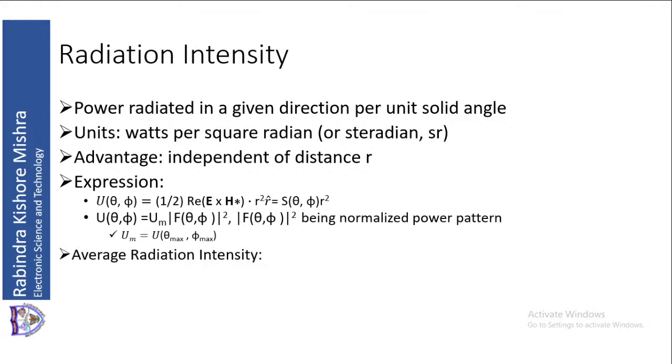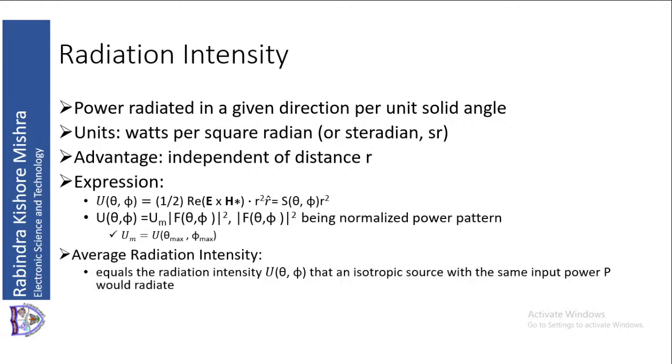And then comes the average radiation intensity. This is the radiation intensity. Then the average radiation intensity is equal to the radiation intensity U theta phi that an isotropic source with the same input power P would radiate. That is what is called average radiation intensity. So U average is equal to 1 by 4 pi integration of U theta phi d omega, which is equal to P by 4 pi, because an isotropic source radiates equally in all directions.